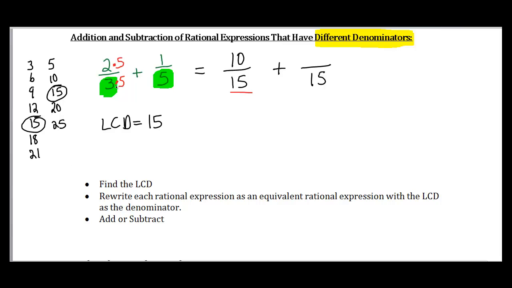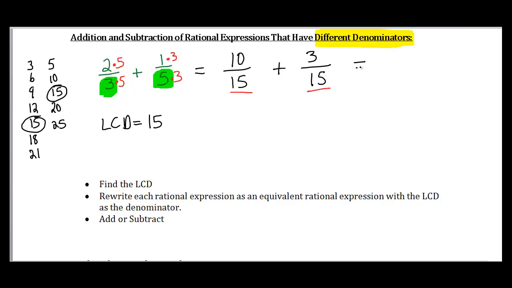All right, so 2/3 is the same thing as 10 over 15. Likewise, we do the same thing with this 1/5. I multiply 5 by 3 to get this 15 here. And if I do it in the denominator, I have to do it in the numerator because that'll be the same thing as multiplying by 1. 3 over 3 is 1. 5 over 5 here is 1. And so the fraction would be 3 over 15.